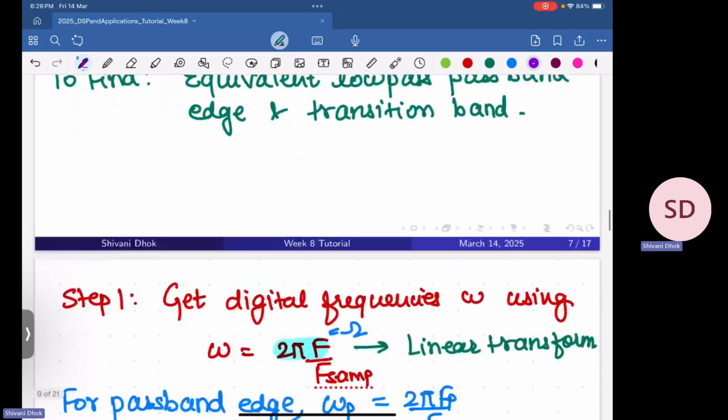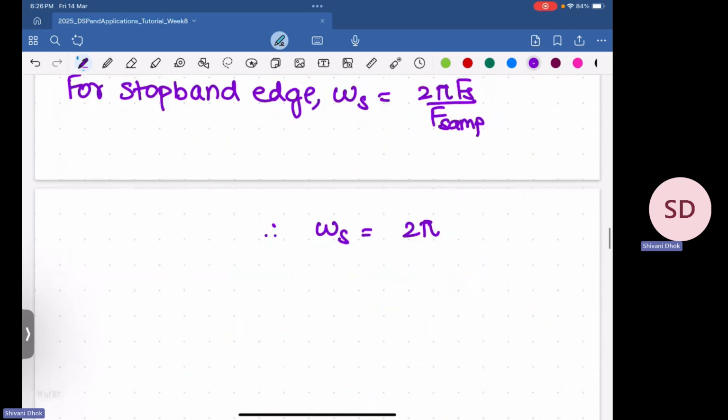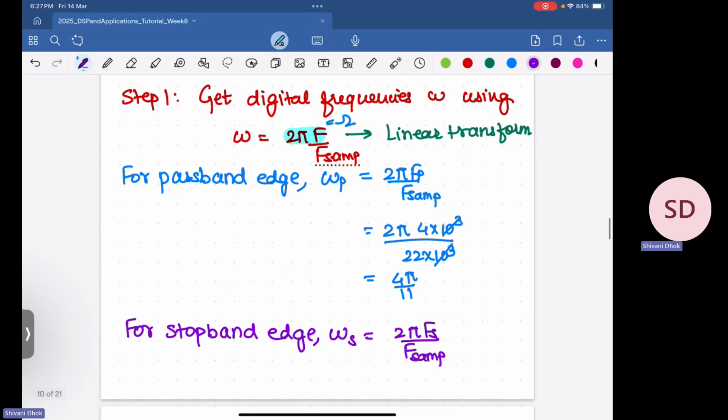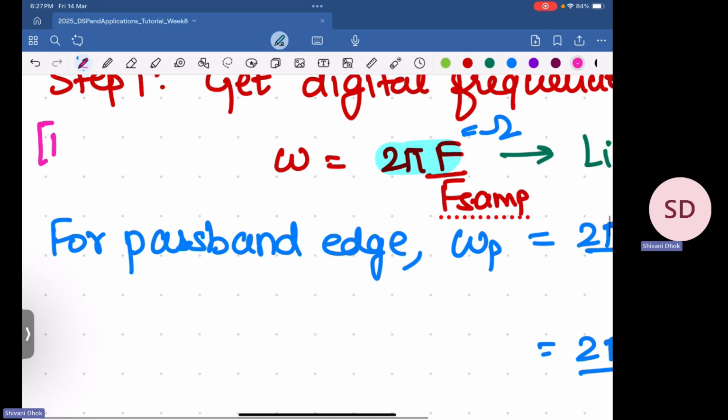Stop band edge is 4.5 kilohertz, divided by the sampling frequency, which we have seen is 22 kilohertz. So what do we get now? We get 9 pi by 20. Okay, so now these are our normalized specifications.